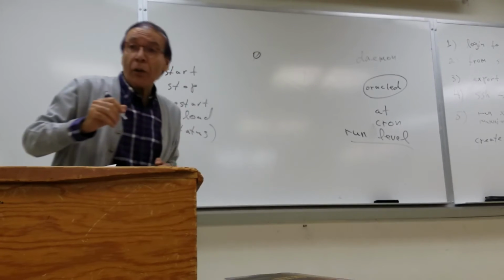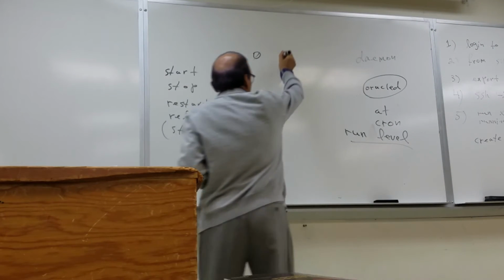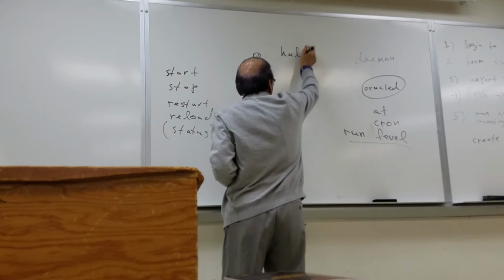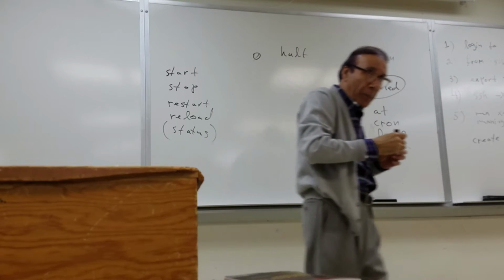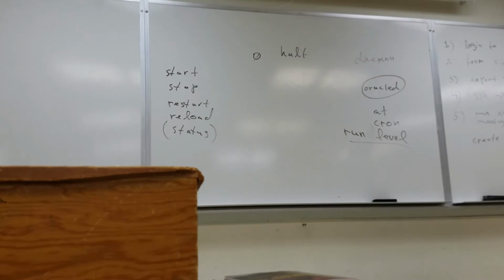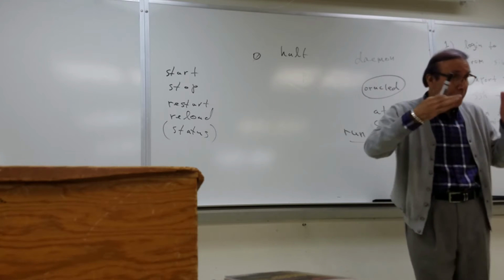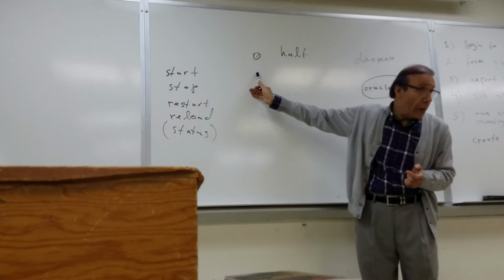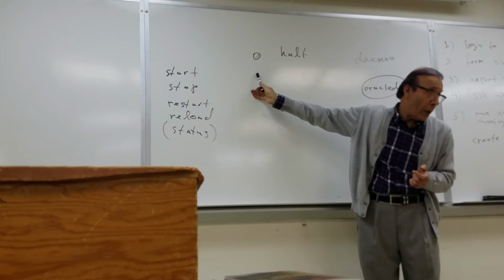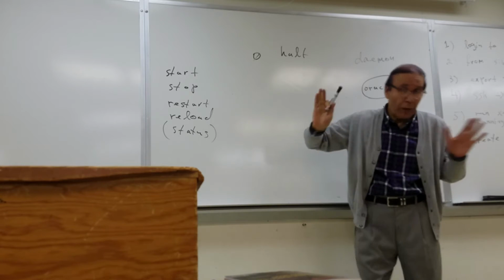Run level 0 means halt. When you want to halt the operating system, you put it in run level 0. Whenever you put your operating system into run level 0, right away it's going to go down, it's going to be in a halt.